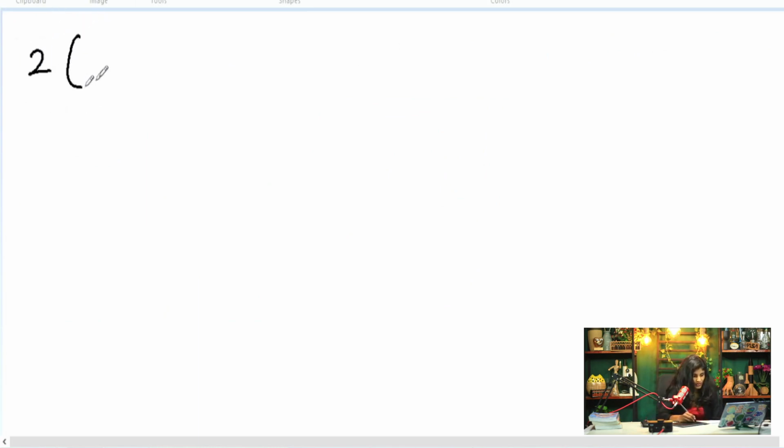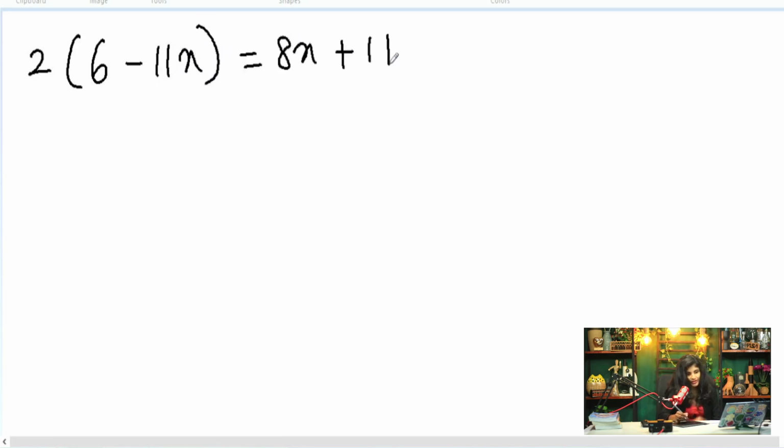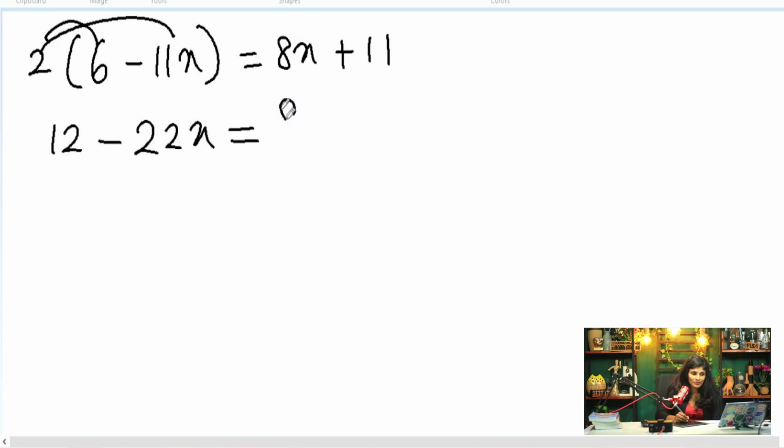That is 2 times 6 minus 11x equals 8x plus 11. Okay, that's it. So removing brackets, 2 times 6, 12, minus 2 times 11x, 22x, equals 8x plus 11.